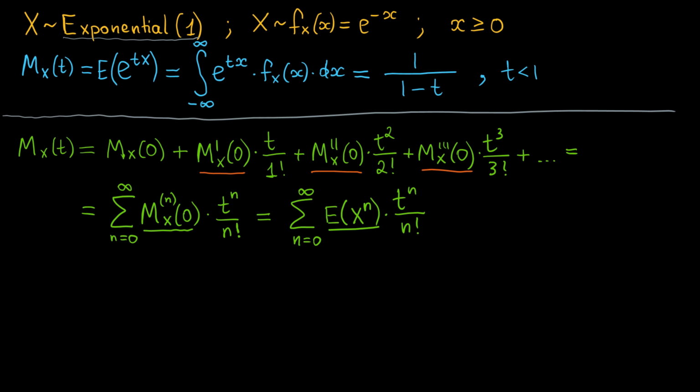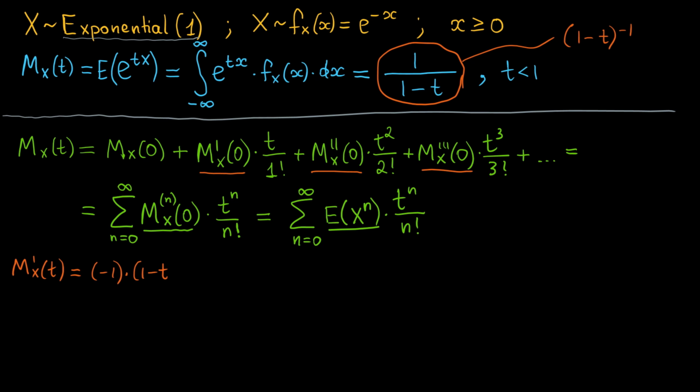So let's do that. Let's see, what is the first derivative of the moment generating function? Well, the moment generating function is this, which could be written as 1 minus t to the power of minus 1. So its first derivative by the power rule will be minus 1 times 1 minus t to the power of minus 2. And by the chain rule, we have to take the derivative of 1 minus t, and that is minus 1.